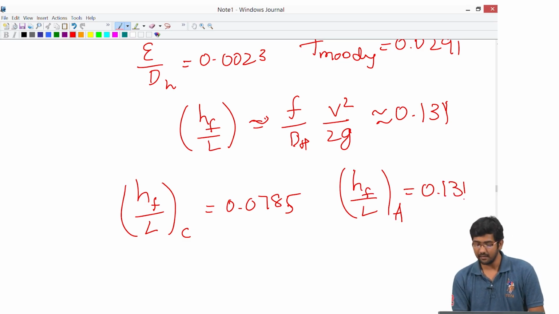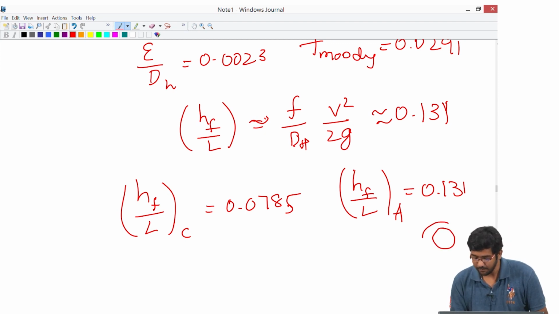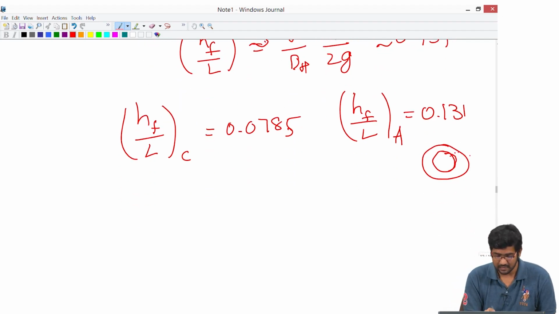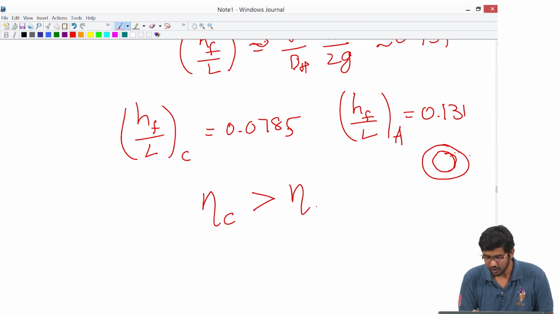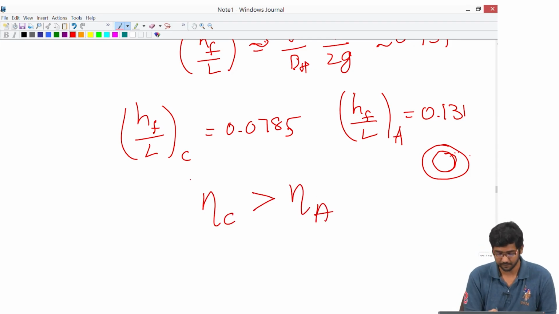Therefore, it is clear that in the case of an annular pipe, the head loss is more, and it makes sense because in the annular pipe the fluid is in contact with more wall area, since the fluid is in contact with the inner wall as well as the outer wall. Therefore, there will be high friction. So, we can say the efficiency of the circular pipe is greater than the efficiency of the annular pipe.